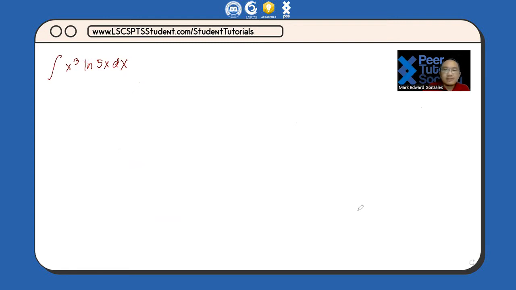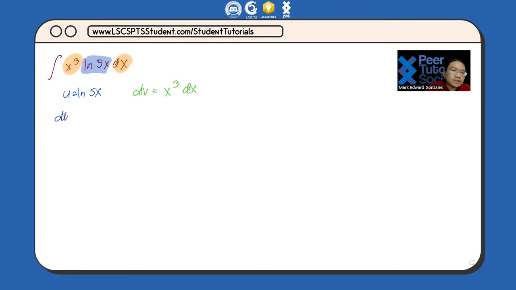But we let this be equal to u, and the rest will be equal to v. So u is equal to ln 5x, natural logarithm of 5x, and dv would be equal to x cubed dx.